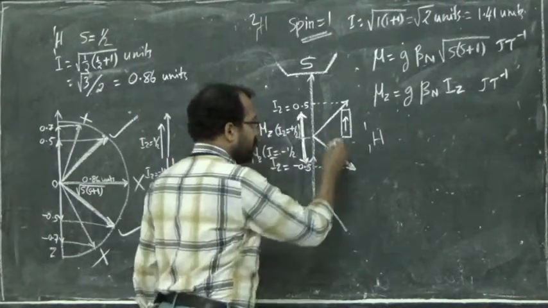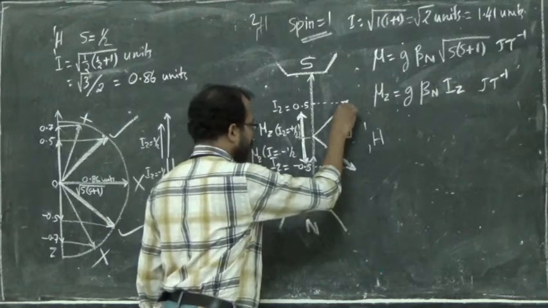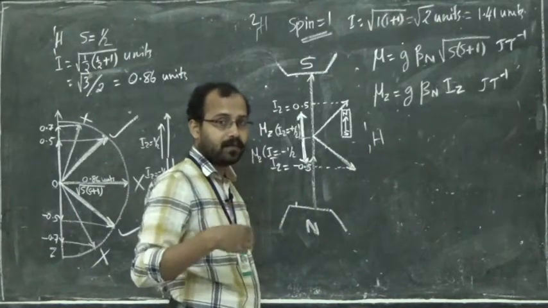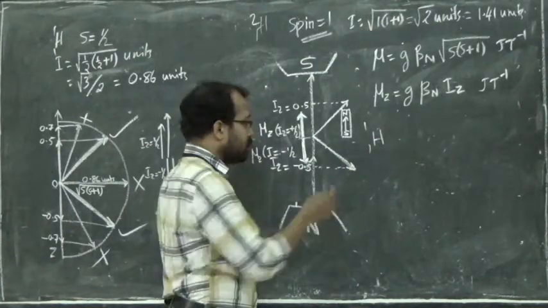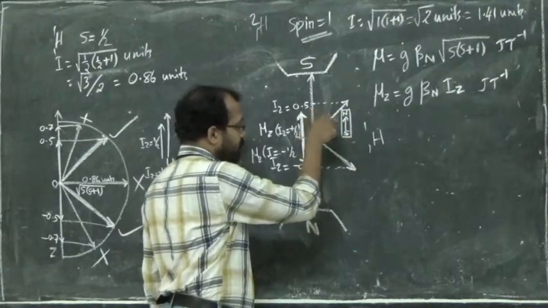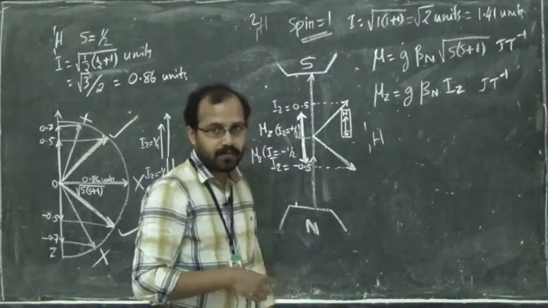It means that the south pole is here and the north pole is here, because conventionally the magnetic lines of force inside the magnet go from south to north. So this magnet is oriented with the south pole at the bottom and the north pole at the top.